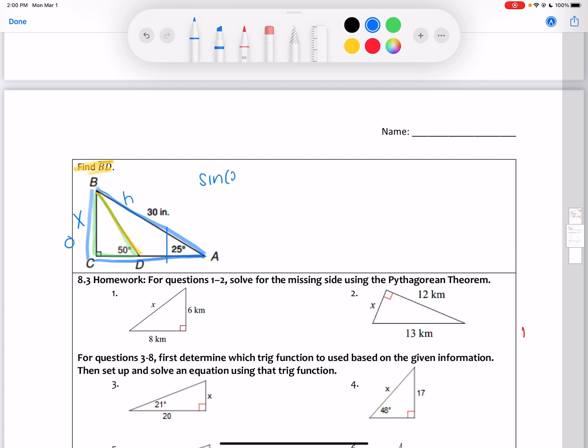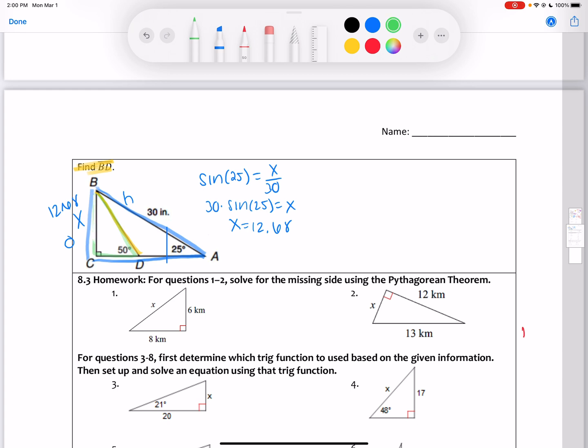So sine of 25 equals x over 30. When x is on top, I'm going to multiply. So 30 times the sine of 25 equals x. 30 sine 25. That's going to tell me that x is 12.68.